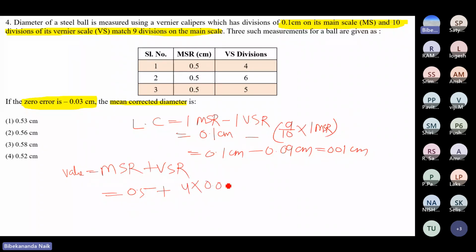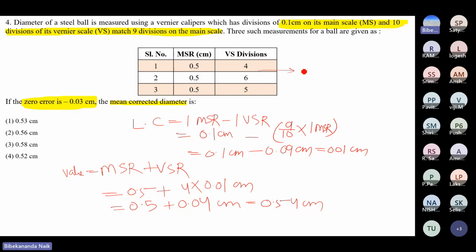It is 0.01 centimeter. So in the first case, it is 0.5 plus 0.04 centimeter. So it will be 0.54 centimeter.